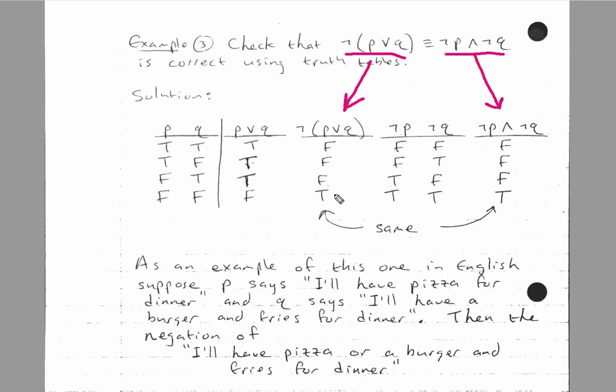And we see that, yeah, they match. 3 F's and a T, 3 F's and a T. So these columns are the same, so that tells us that, yeah, these are logically equivalent. No matter what P and Q are, the truth of the left side is always equal to the truth of the right side.